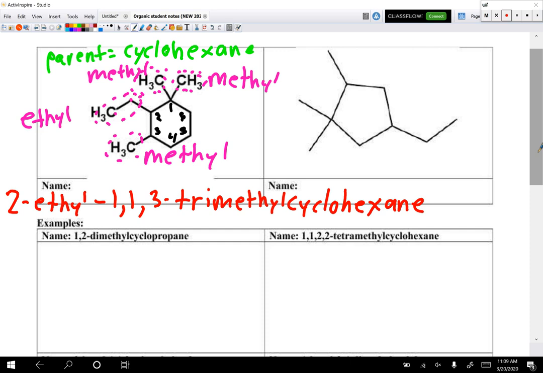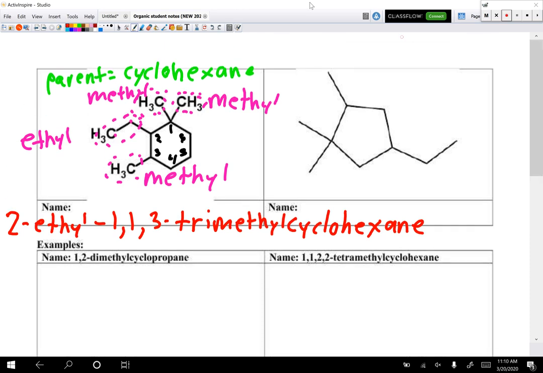Okay, so hopefully you paused it and tried it on your own. So the name for this one right here, we have carbon 1 needs to start here for the same reasons. We can get 2 branches off carbon 1, and then to get the rest on the lowest numbers possible, we get 2, 3, 4, and 5.